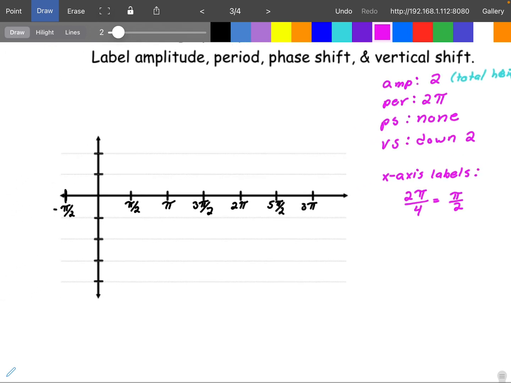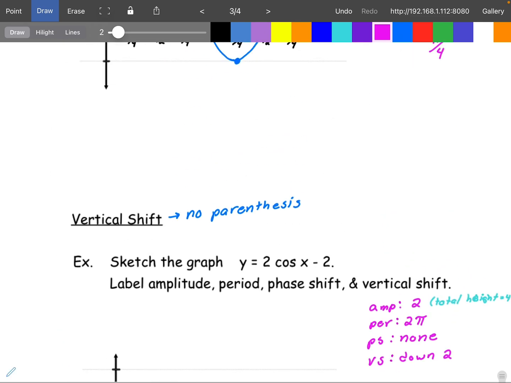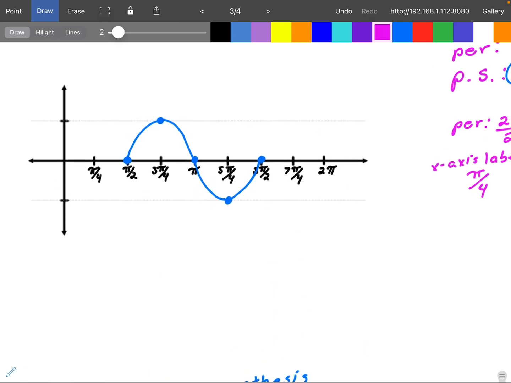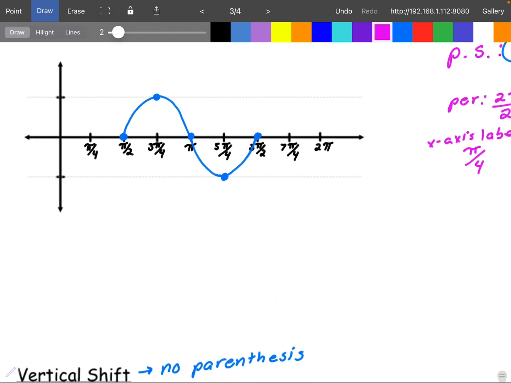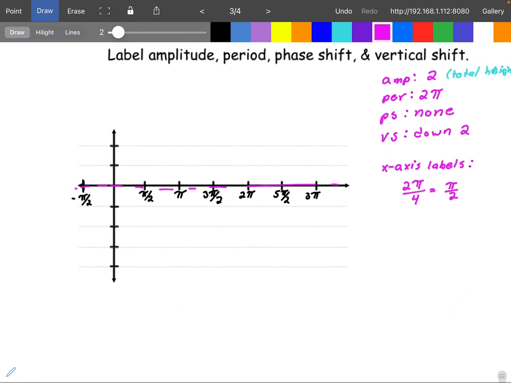Now, if that's down 2, then that means the center of my graph is no longer going to be at 0. All the other functions that I've done, if we look back, have had the horizontal center of the graph at 0. This is not going to be the case if I have a vertical shift.